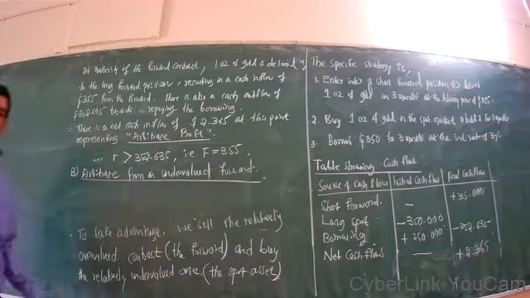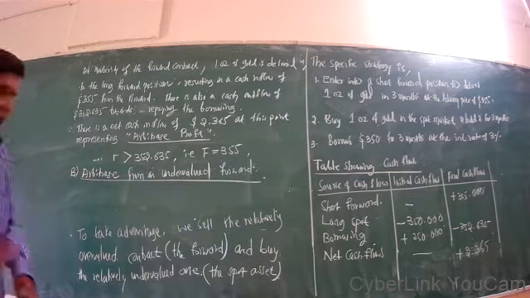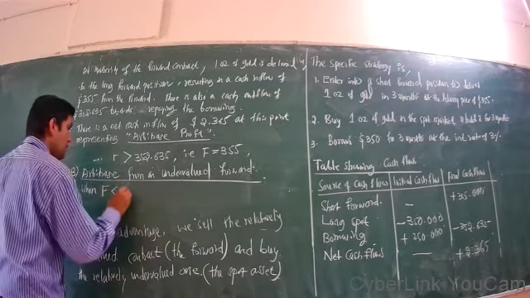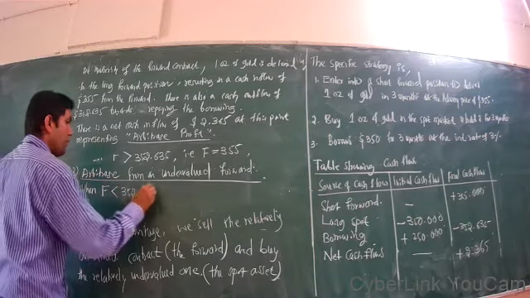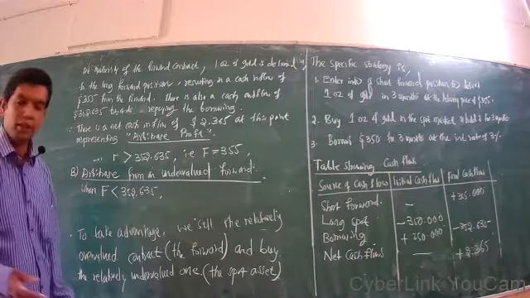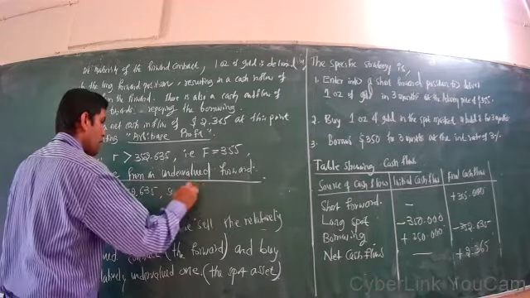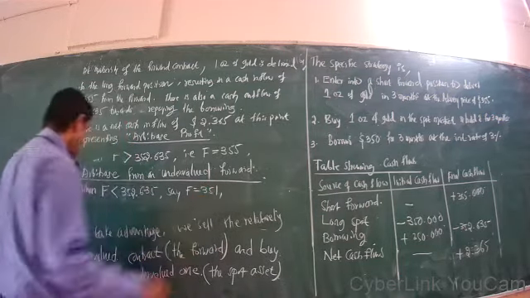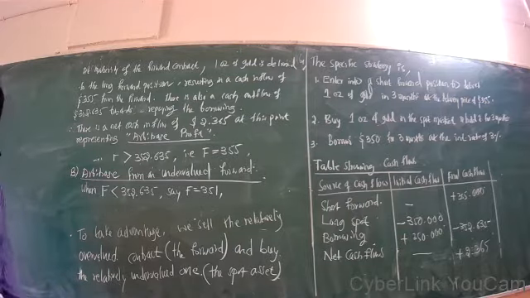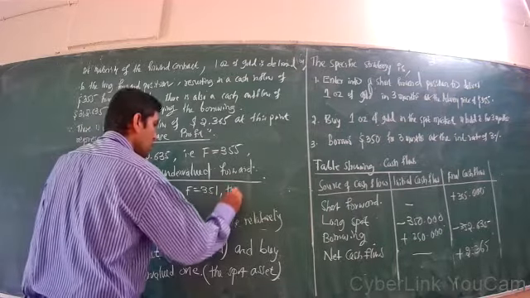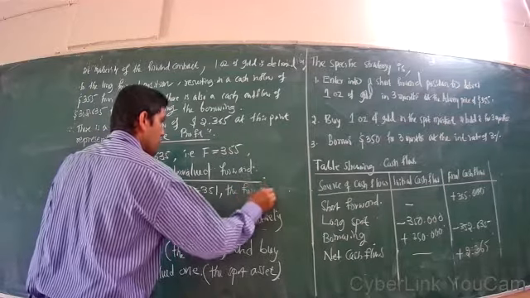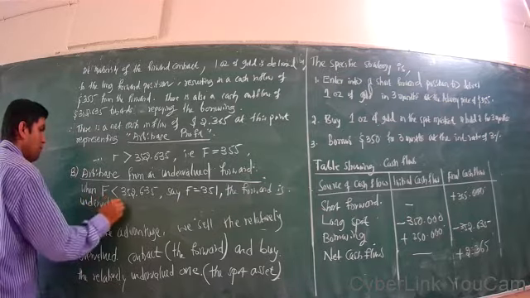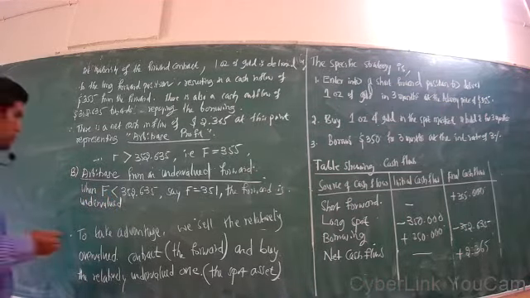I hope you are getting all these steps. So when F is less than 352.635, say F equals 351, the forward is undervalued relative to spot.